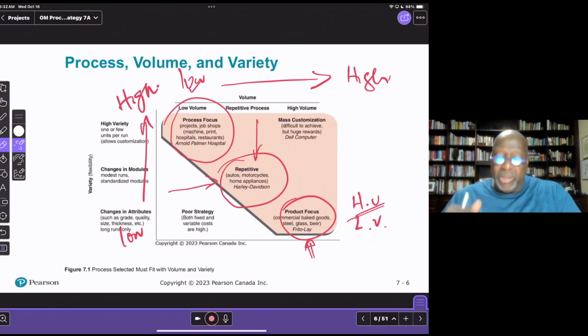So repetitive focus, where every time somebody places an order, we're making a burger over again. But then there might be slight differences where now we want 2 patties instead of 1. We want cheese, or some have no cheese, onions, no onions, ketchup, no ketchup, and so on. So in a case like that, that would be considered much more of a mid-volume, mid-variety, and you would have a repetitive focus in that case. All right?